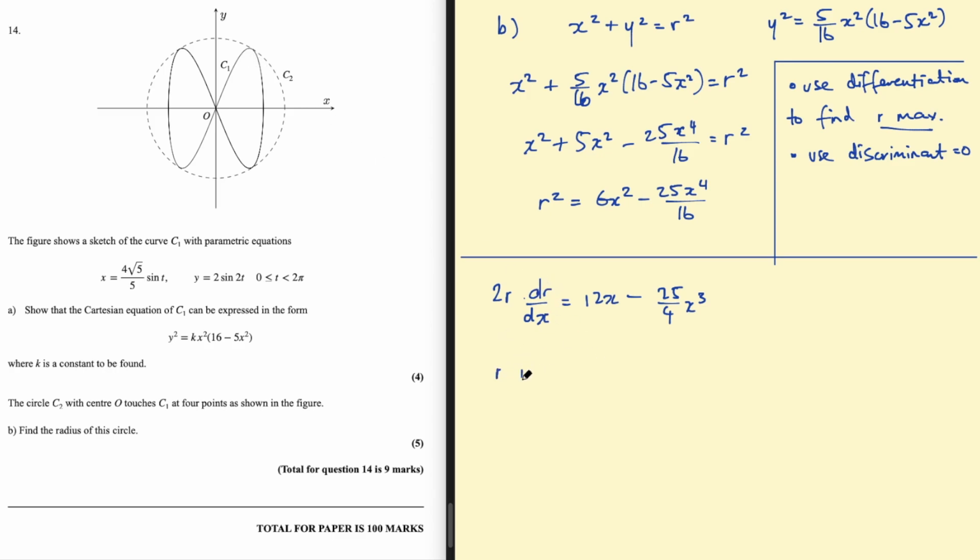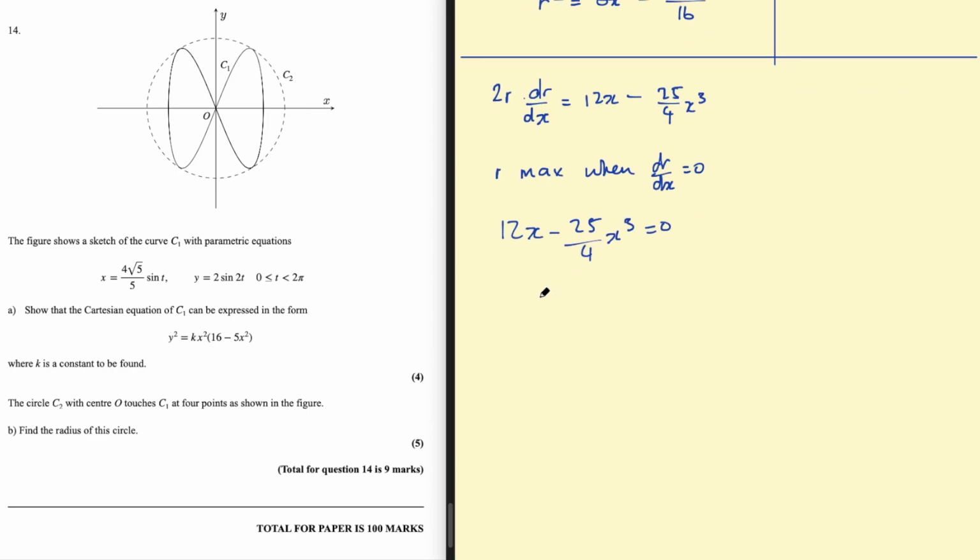So we can say r max when dr on dx equals 0. So then we can say, well, 12x take 25 on 4 x cubed equals 0. This term over here would be 0. Then we can solve this for x. So factorize x out. So be x times 12 take 25 on 4x squared equals 0.